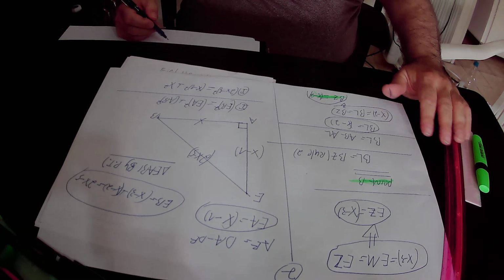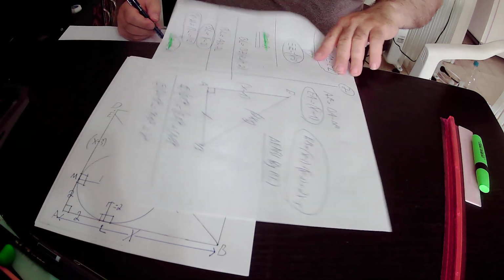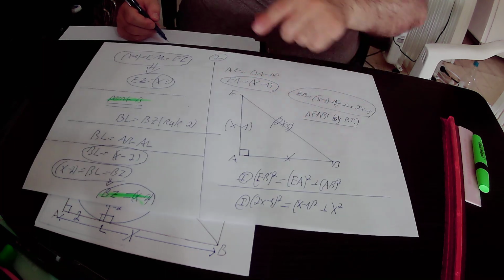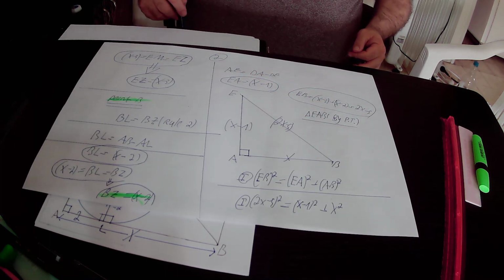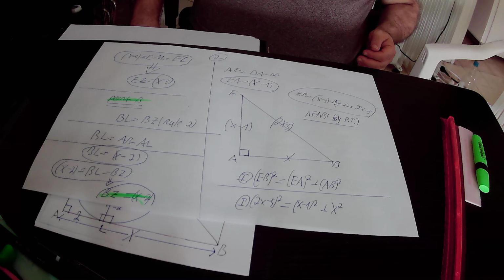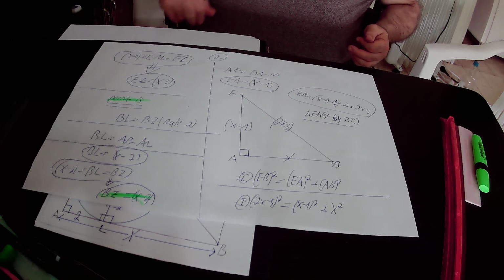So here we will open the brackets on both sides of equation number 1 according to the algebraic identity that a minus b squared equals a squared plus b squared minus 2ab.